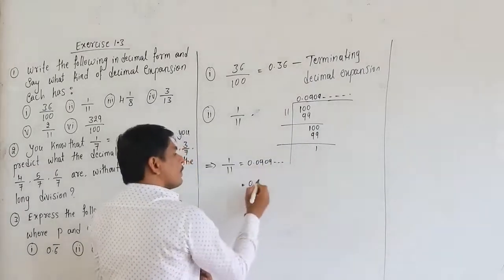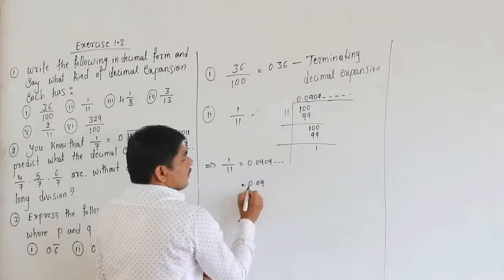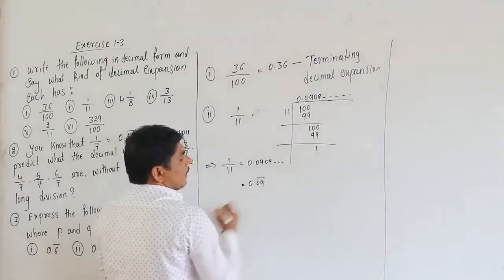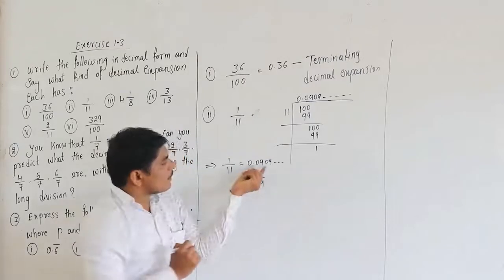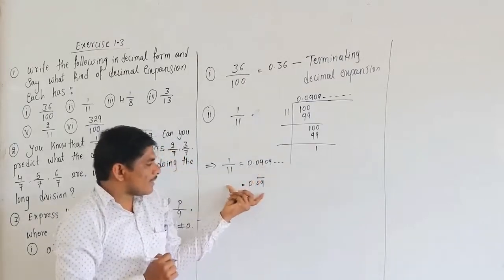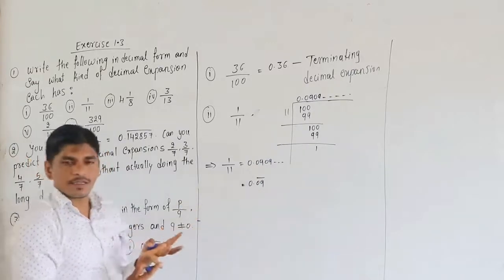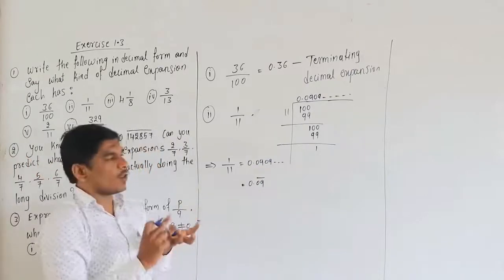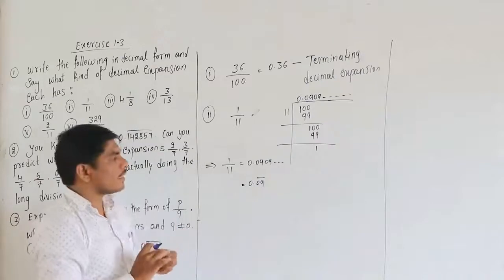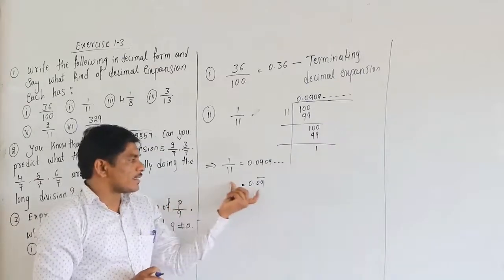In this system we write 0.09 bar. Now just identify which type of decimal expansion this is: terminating, non-terminating recurring, or non-terminating non-recurring. Here the second one is non-terminating.